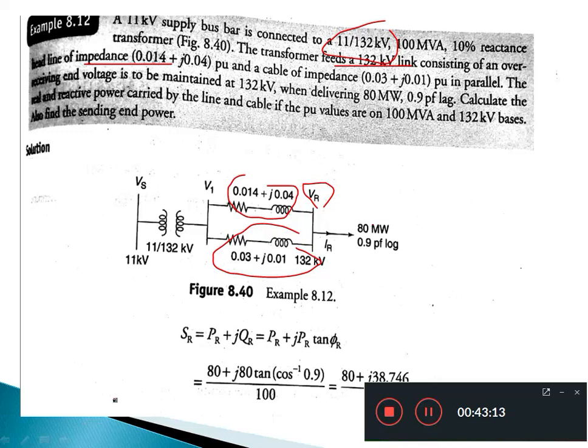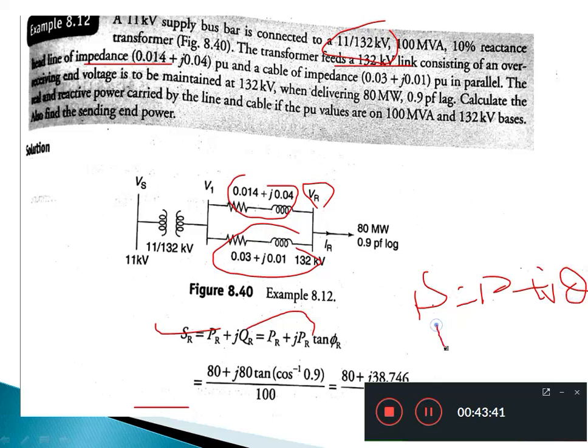Okay. First we have to find the power as PR plus jQR. QR can be rewritten as PR tan phi r. How to write that? Look at this equation. QR can be replaced by PR tan phi r. We know that S is equal to P plus jQ.